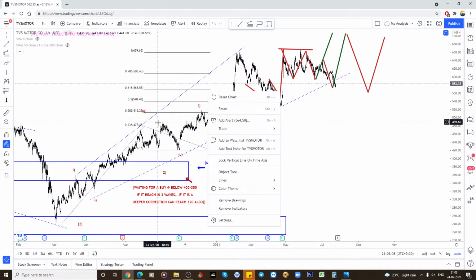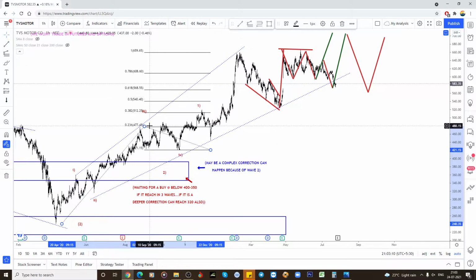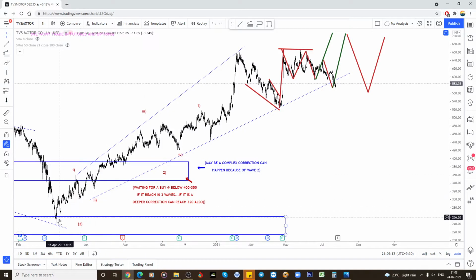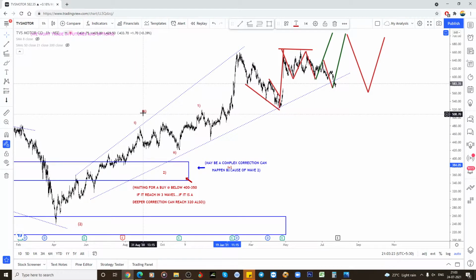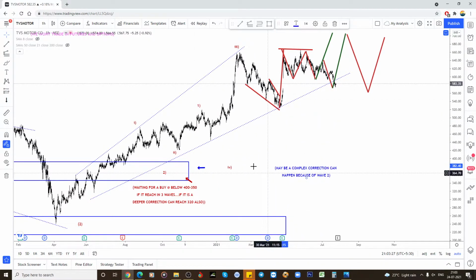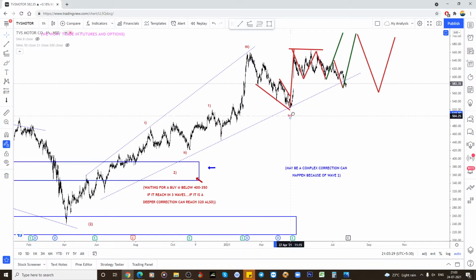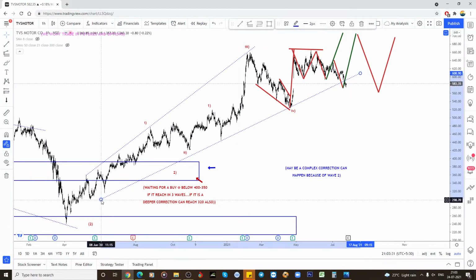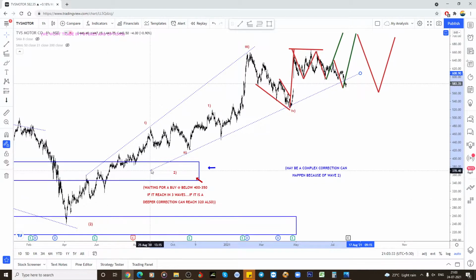But the next idea is, if the whole thing becomes an ABC as a 1 in the diagonal pattern for the third wave, so this could be 1, 2. This ABC is the third. So this is the fourth.